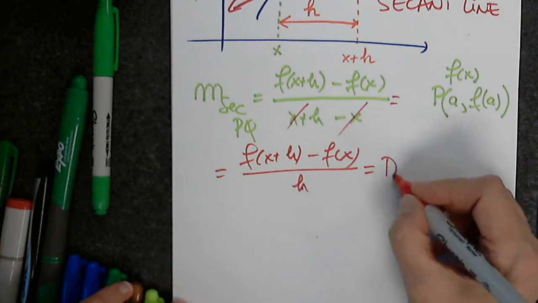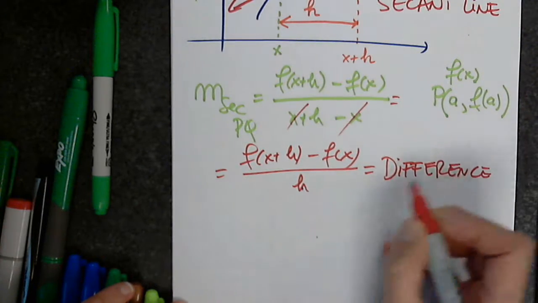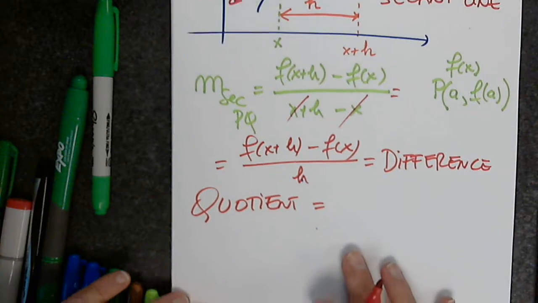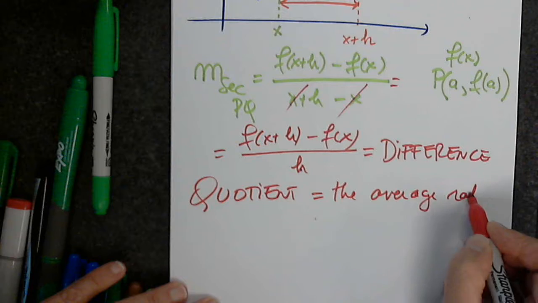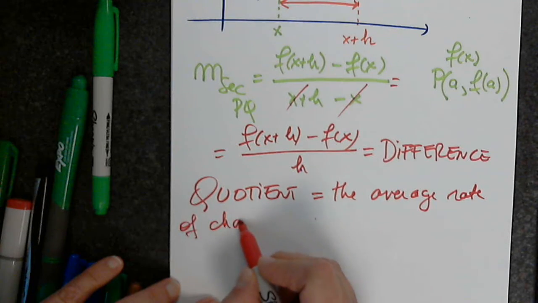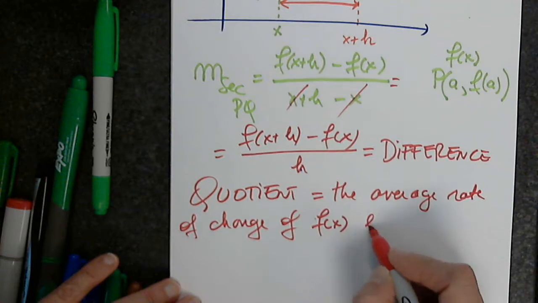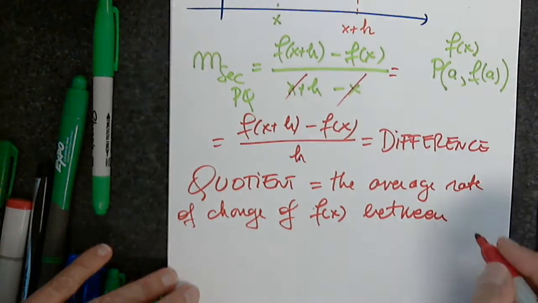This is called the difference quotient. And I will also write the average rate of change of f of x between what? Exactly, thank you.